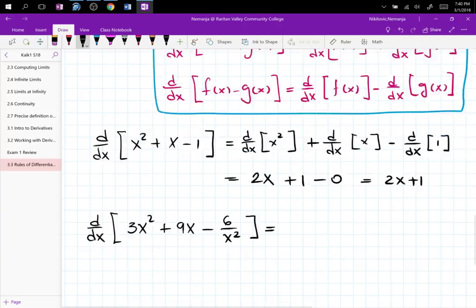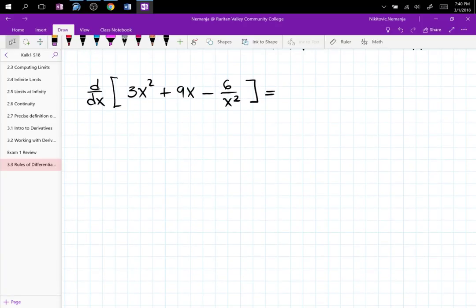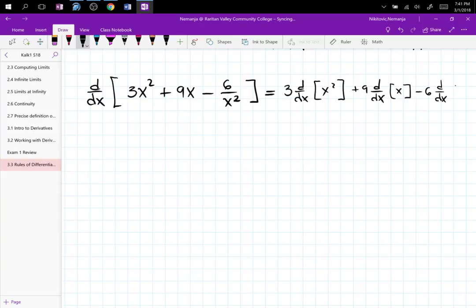All right, so we do the separate derivatives and kick the constants outside. So we have 3, the derivative of x squared, plus 9, the derivative of x, and then minus 6, the derivative of x to the negative 2.